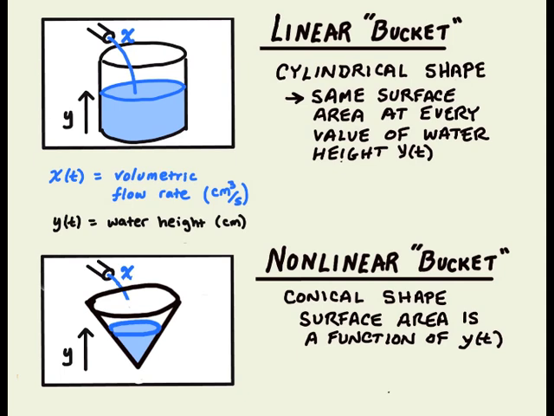And what that means is that there's the same surface area no matter what height the water is. If we look at a nonlinear bucket system, for example the conical shape shown at the bottom of the page, the surface area changes as a function of the height of the water in the bucket. This will make the differential equation between the input x and the height of the water in the bucket y nonlinear.